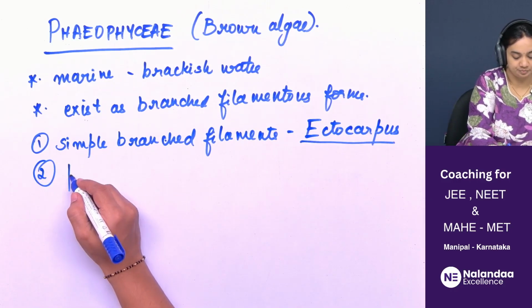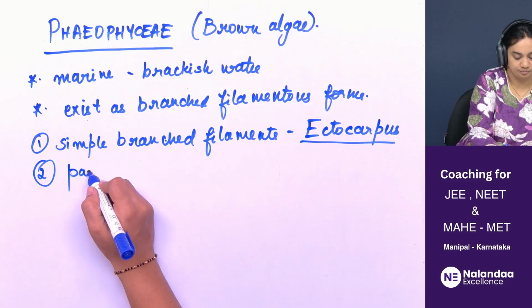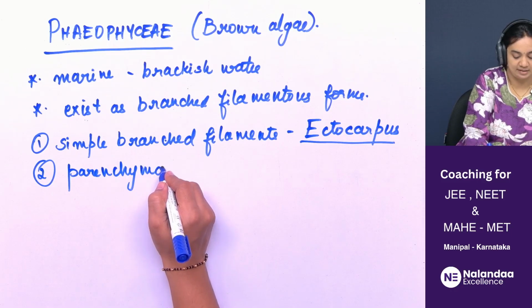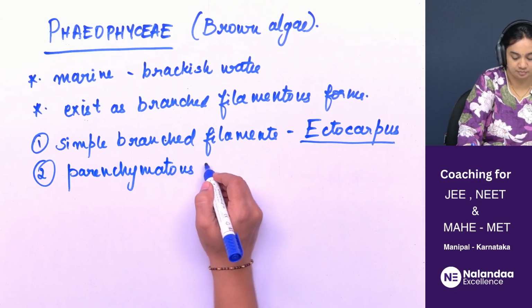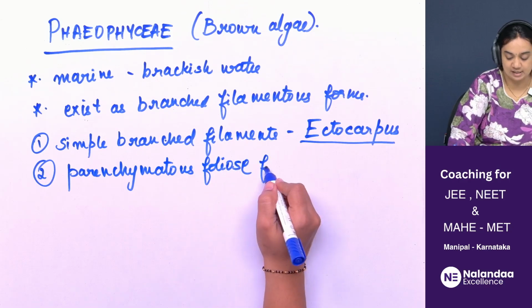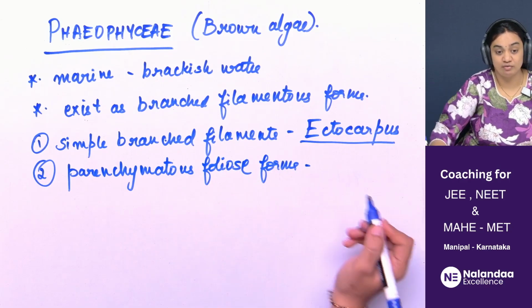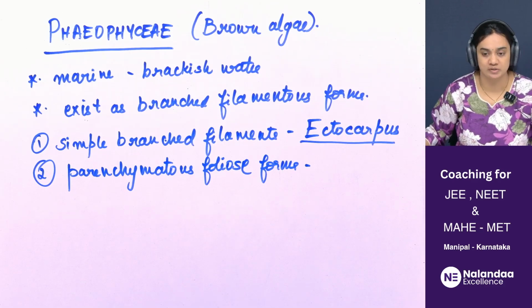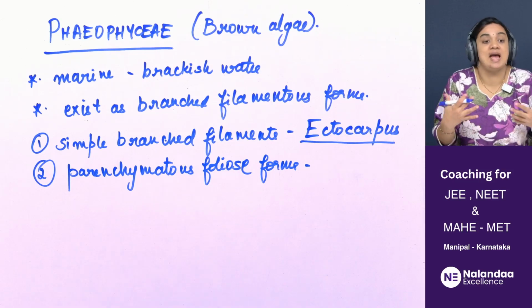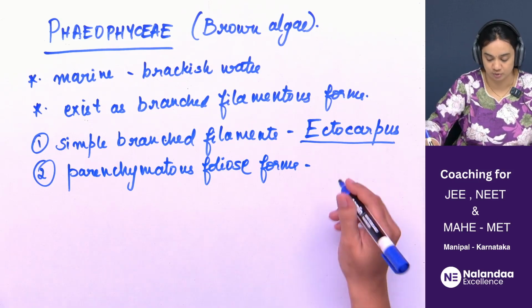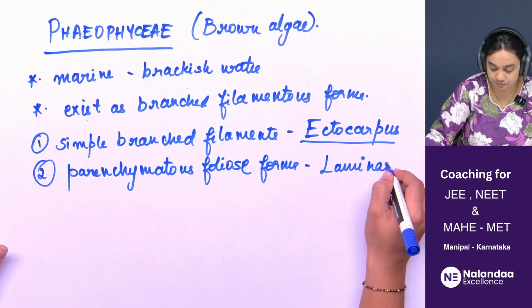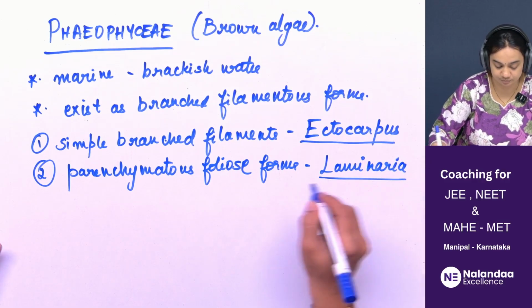Or parenchymatous foliose forms, which means leaf-like structures. Parenchymatous foliose forms means actual tissue level of organization, seen in case of Laminaria.